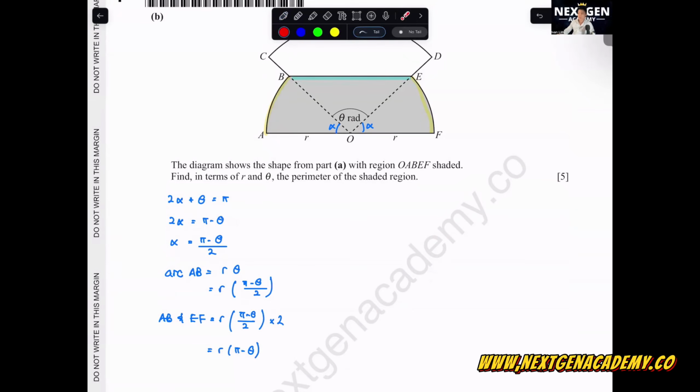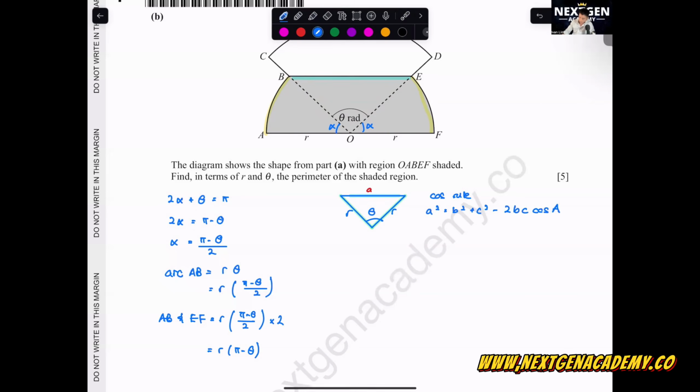How do we find this part? If you see, this is a triangle. Just now we got this is R and R. Can find or not? Here this angle is theta, and these sides are R and R. So we got a triangle, and we want to find the opposite side. We can use the cos rule: a squared equals b squared plus c squared minus 2bc cos A. This is your a.